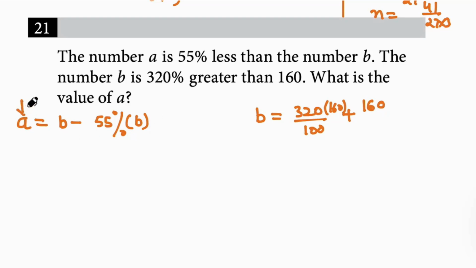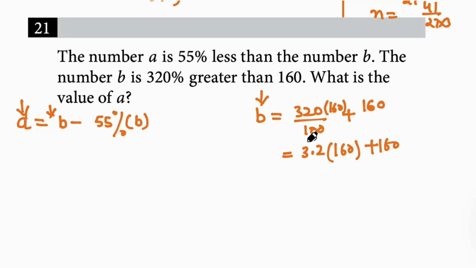Now it has two variables, A as well as B. And here we have only B, right? So we can solve this first to find the value of B. Okay, so that is 3.2 times 160 plus 160. See, in this question there are many concepts which have very basic concepts involved in that. I am just doing the concepts involved in that particular question.